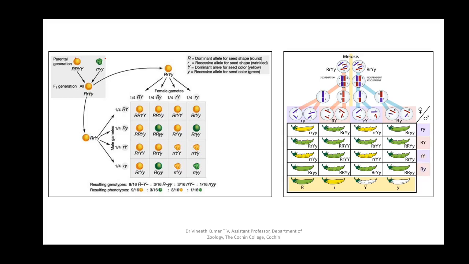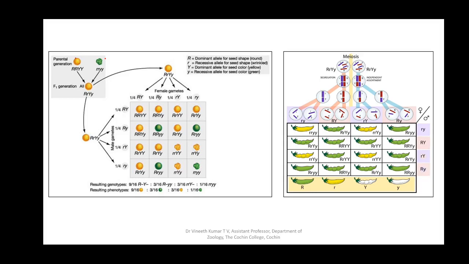In this particular cross, as I said earlier, we are going to cross a pure breeding plant having yellow round seed with a pure breeding variety producing green wrinkled seed. And you can see the genotype which is given here.